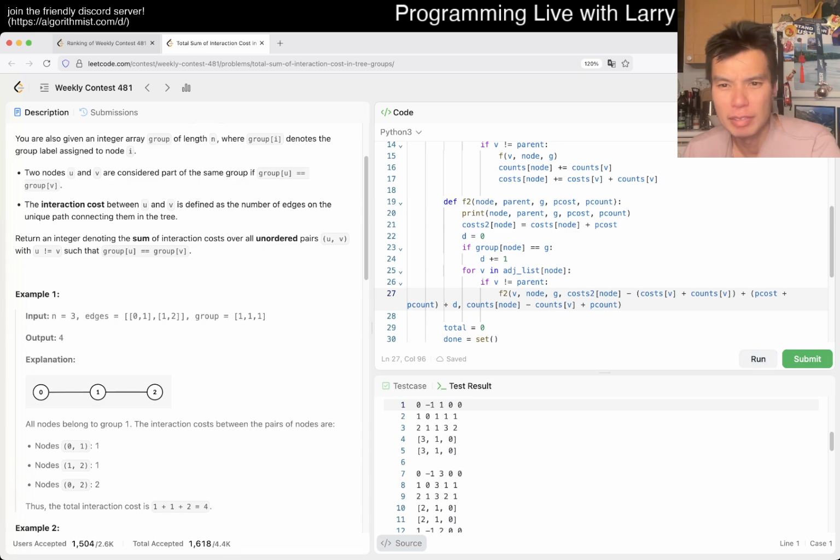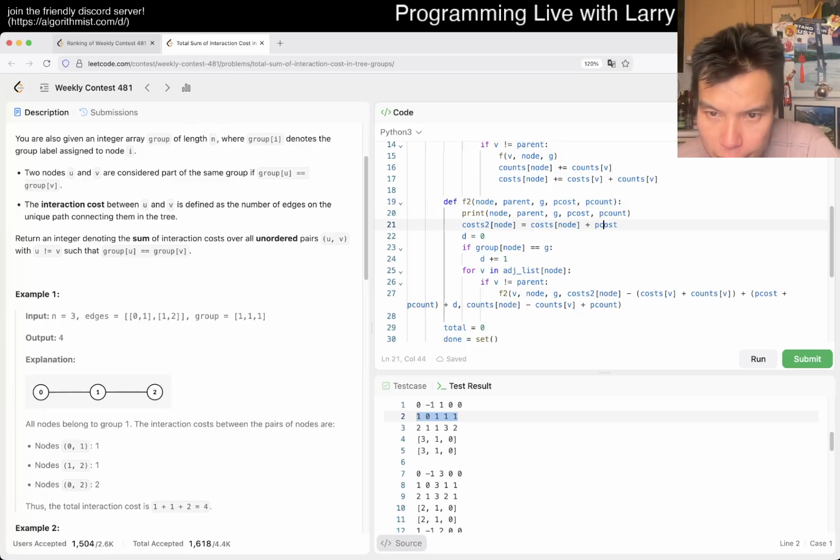Is P count correct? Then P count seems to be correct here. So it should be correct or up to date. So okay, so this is what is this?